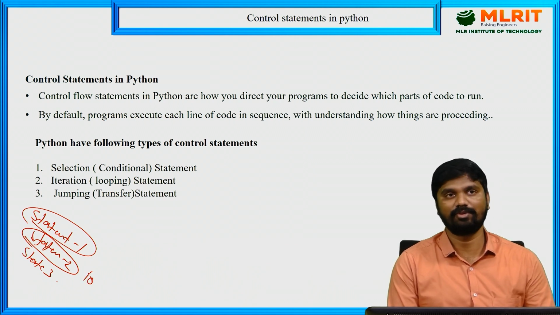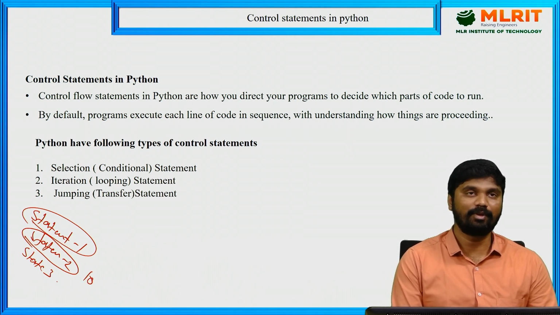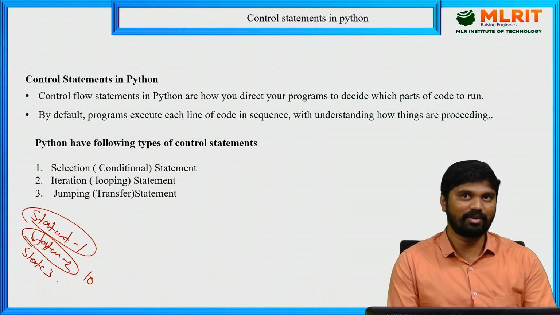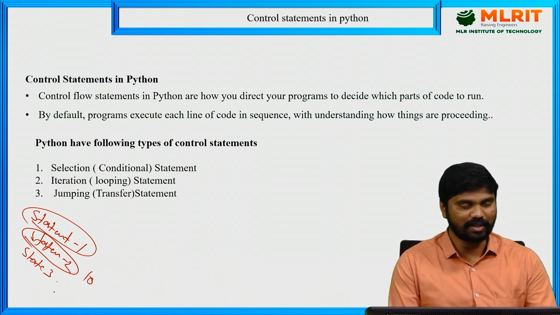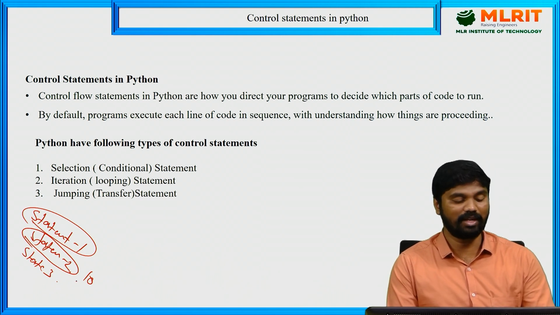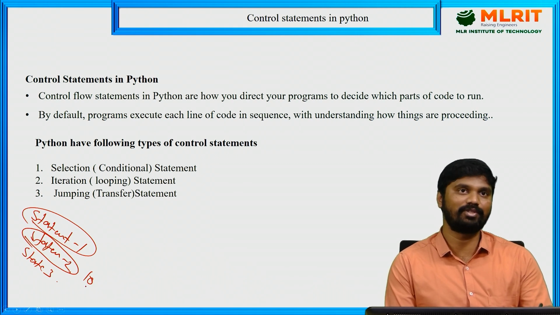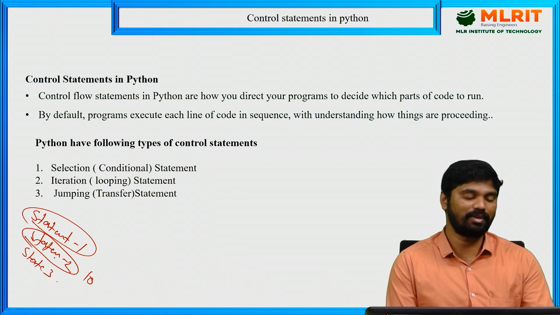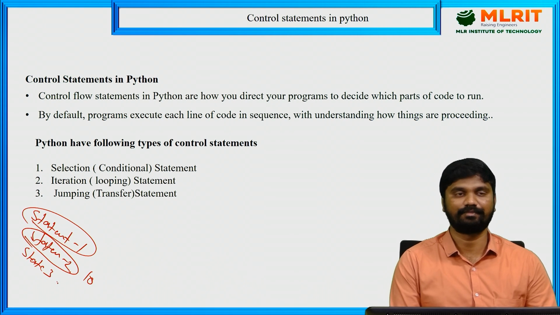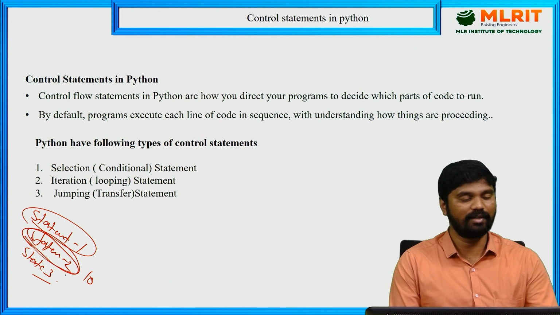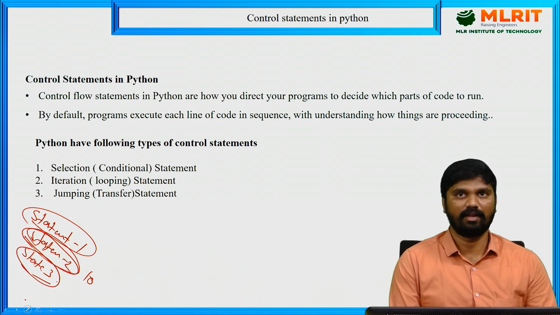Normally, once statement 2 completes its execution, the flow goes immediately to statement 3. But here we change the flow of execution. Statement 2 is executed once, then a second time, then a third time, repeatedly, 10 times. After the 10 times are completed, then statement 3 has to be executed.